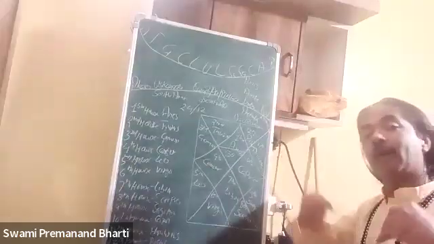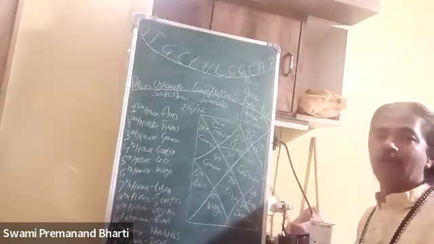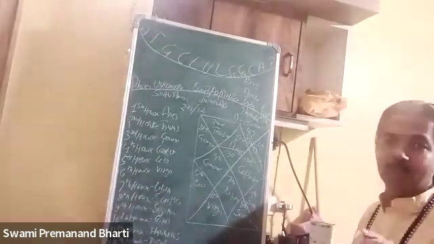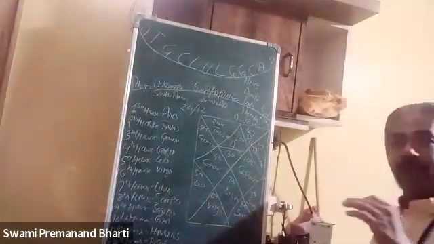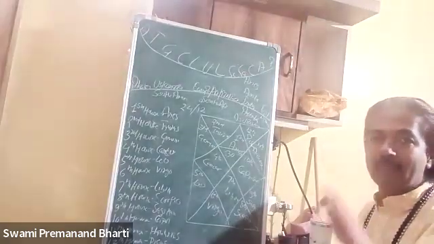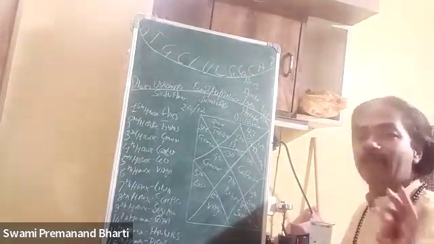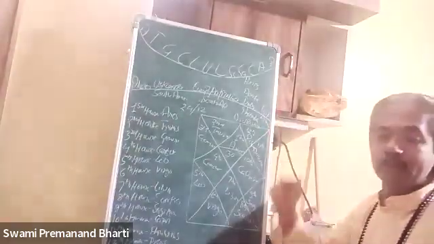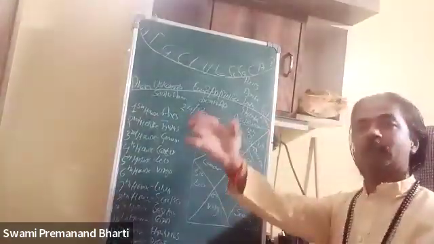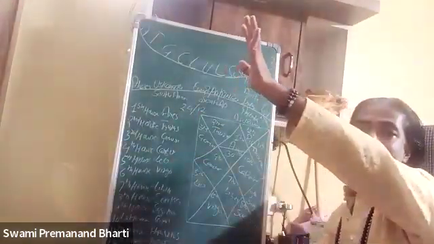So now make another chart of 10 a.m., same date, same place, but time should be 10 a.m. Yeah, so it's Taurus. So what happened in the 2 hour time period? Earth rotated on its axis.